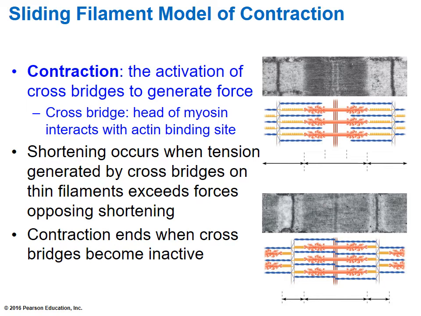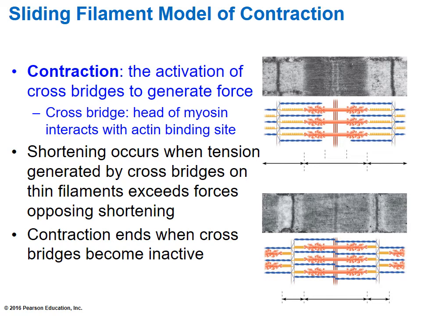You can compare the Z disc on the top picture to the Z disc on the bottom picture, and you'll notice they are closer together, and as they come closer together, you have more overlap between the thick and thin filaments. This is our sliding filament theory. The muscle doesn't really shorten when it contracts, it simply slides its myofilaments over each other.